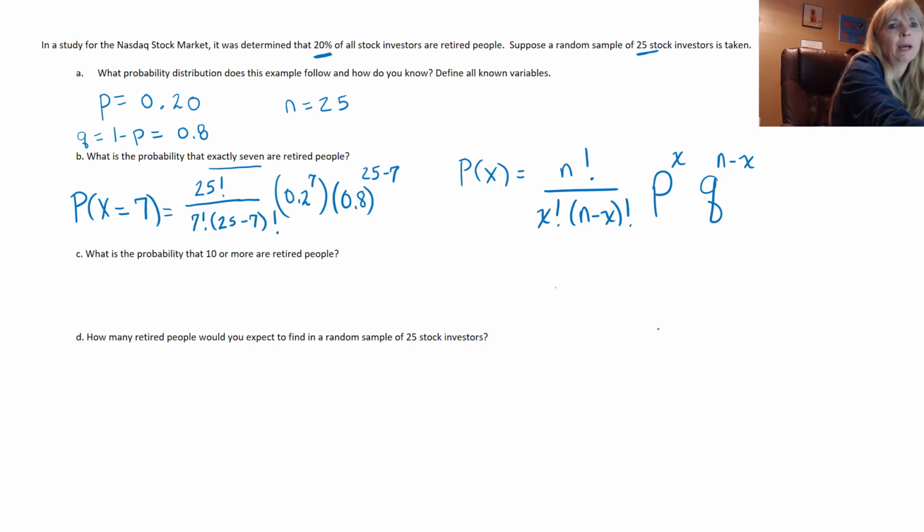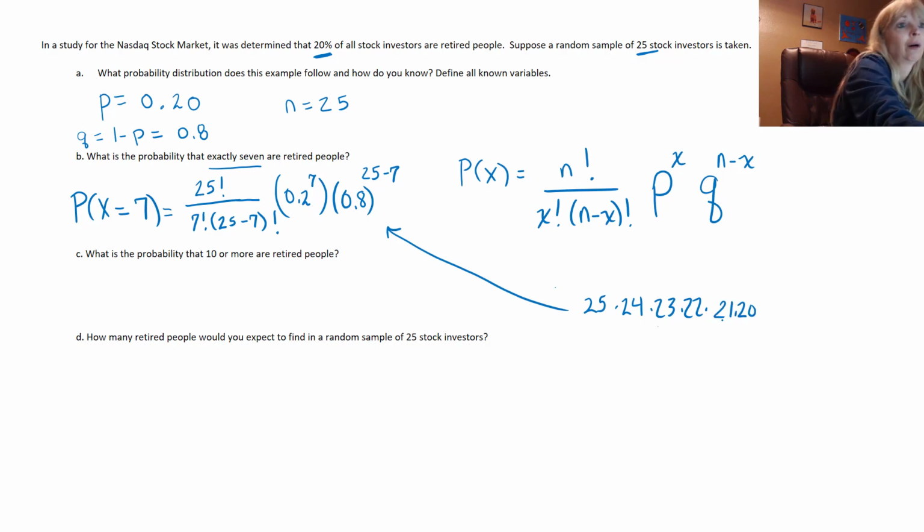All right, to actually work this out, and you should be able to do this manually, remember that 25 factorial means 25 times 24 times 23 times 22 times 21 times 20 times 19 times 18 factorial, which would be all the way back down to the bottom.